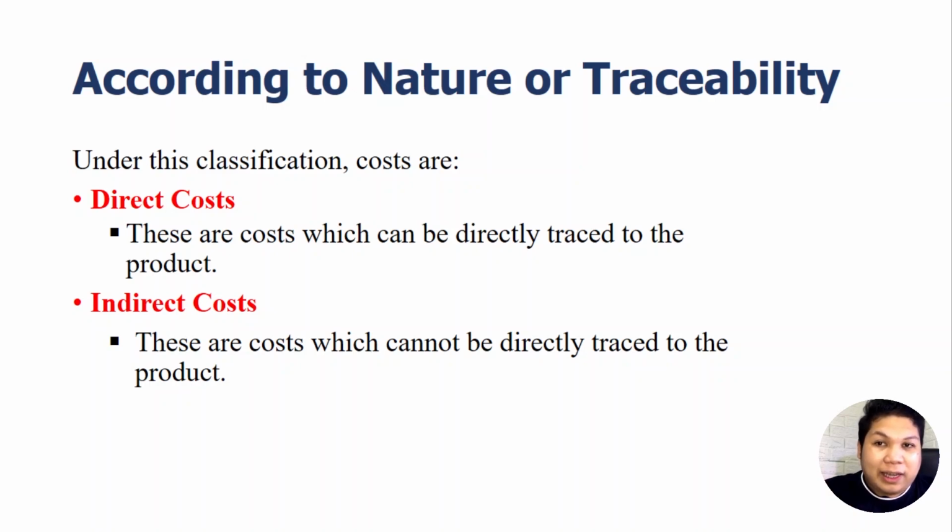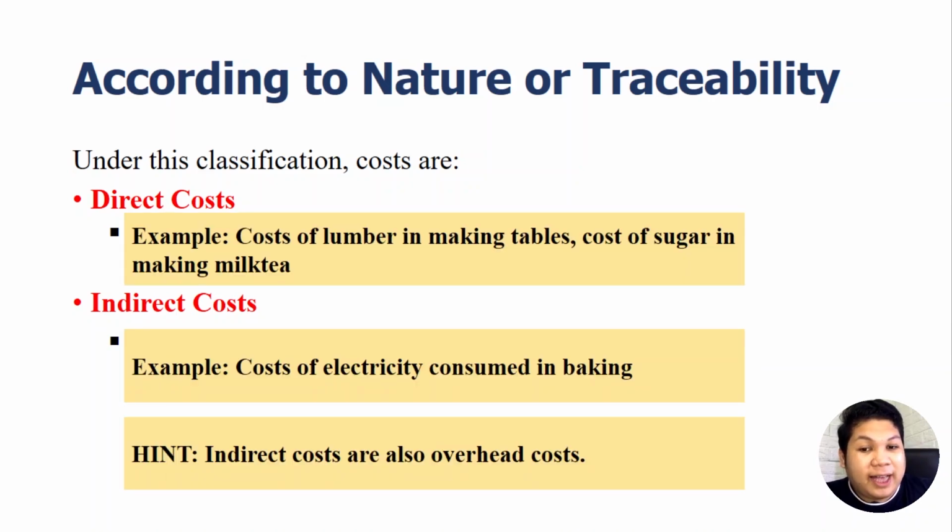We know they are needed to produce a product, but we cannot see, touch, or smell them directly in the finished product. So these costs are considered indirect costs. As a hint, indirect costs are also overhead costs. They are actually the same. Everything that is an indirect cost is an overhead, so indirect materials and indirect labor are all overhead.